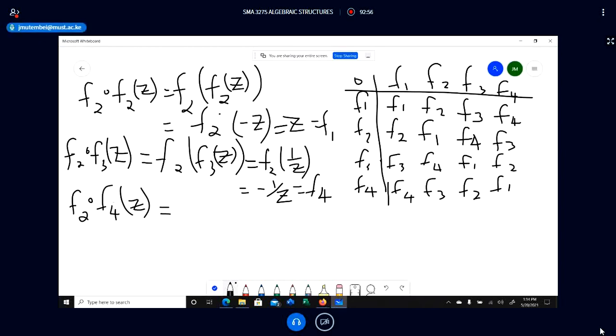So now, looking at the Cayley table, we can see all the elements inside the table are members of G. So clearly, the first property we check is closure. From the table, the binary operation in G is closed.